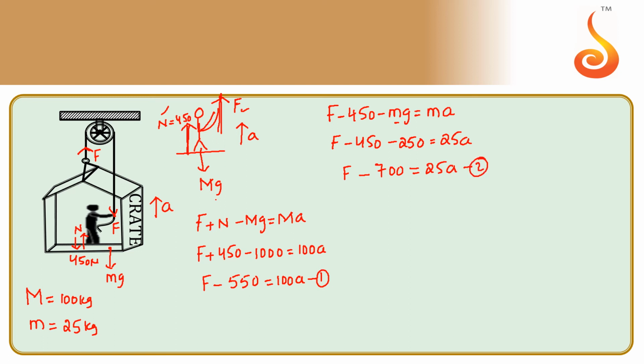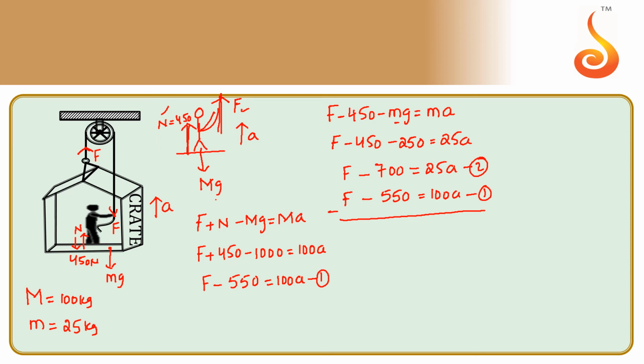So let us simplify equation 1 and 2. Therefore we will get the force in the rope, that is nothing but the force applied by the man on the rope, and the acceleration. So let me write equation 1 over here. F minus 550 is equal to 100A. So this is equation 1.